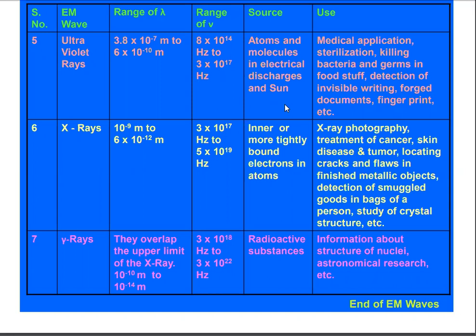Its frequency ranges from 3 x 10^18 hertz to 3 x 10^22 hertz, which is the highest frequency. So the component of the electromagnetic spectrum having the highest frequency is gamma radiation.